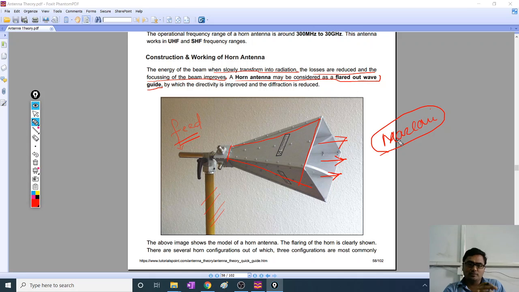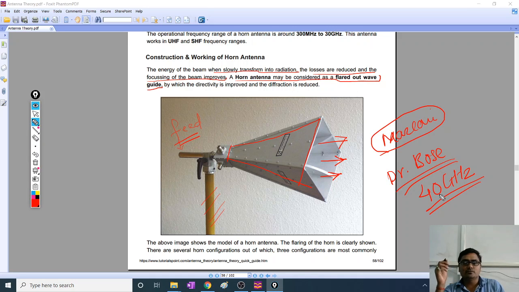But before Marconi actually published his work on antennas, Dr. Bose, one Indian scientist, Jagdish Chandra Bose, worked on the horn antenna. He invented the horn antenna and he worked at 40 gigahertz with this horn antenna.